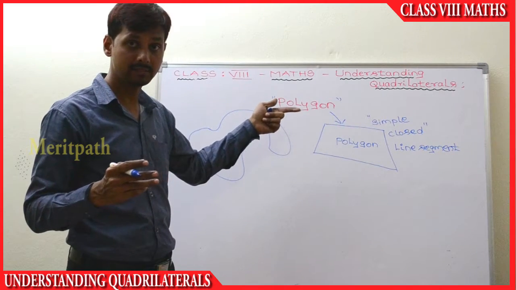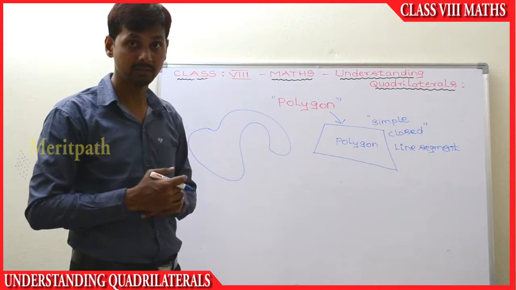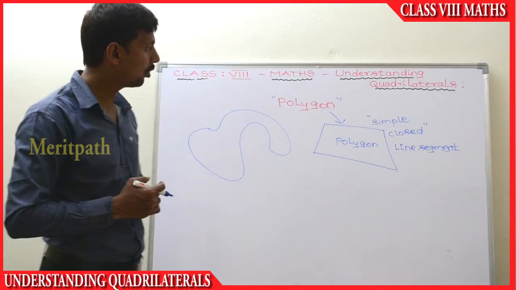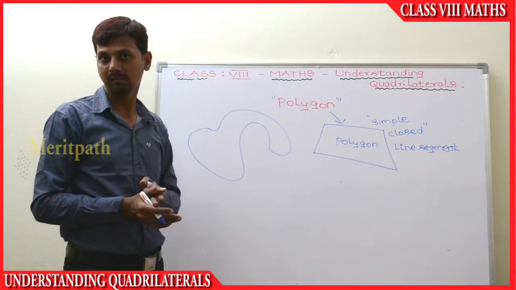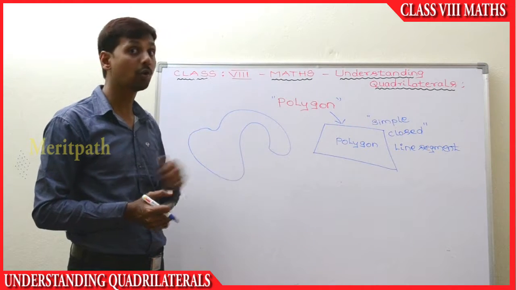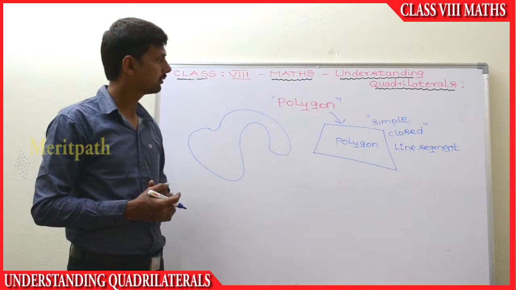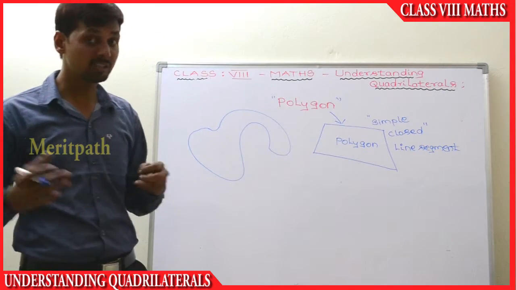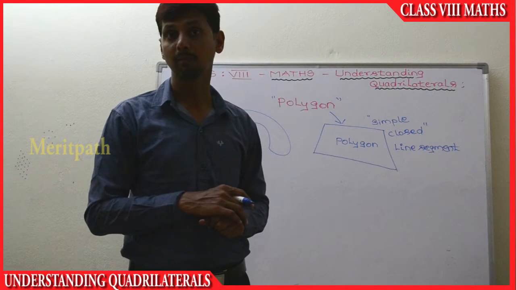And the line segments we have joined, that's the reason it's called a simple closed figure bounded with line segments. So this kind of figures are called polygons.